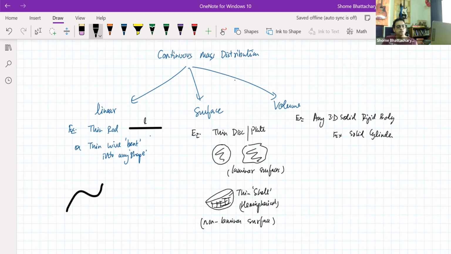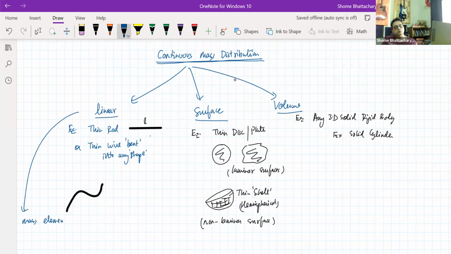So accordingly, for each type of distribution, whether it's a linear distribution, a surface distribution, or volume distribution, we have to take different types of mass elements. For linear distribution, the mass element dm should be a linear element, and lambda is mass per unit length.